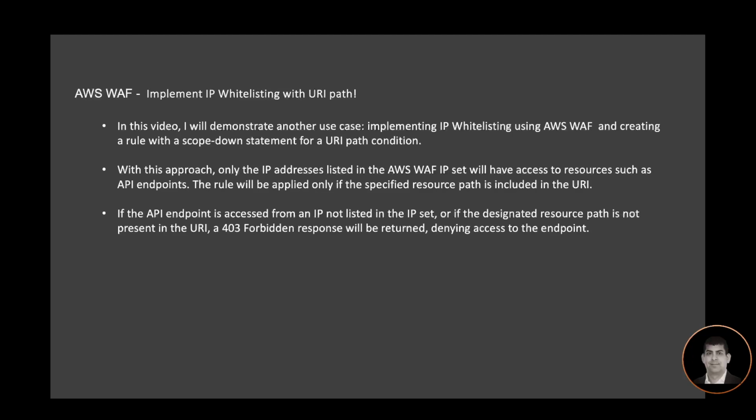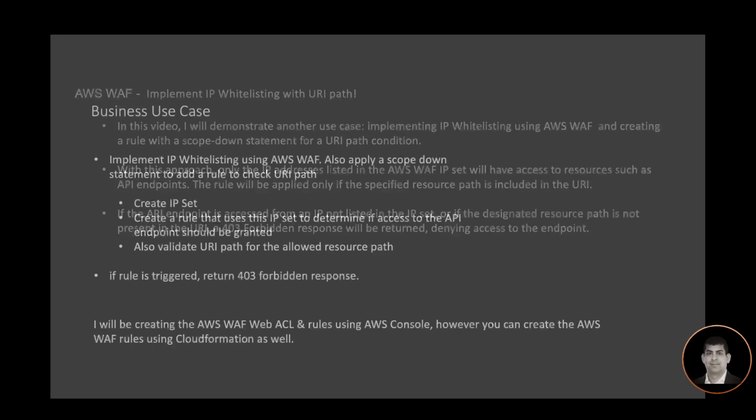The rule will be applied only if the specified resource path is included in the URI. If the API endpoint is accessed from an IP not listed in the IP set, or if the designated resource path is not present in the URI, a 403 forbidden response will be returned, denying access to the endpoint.